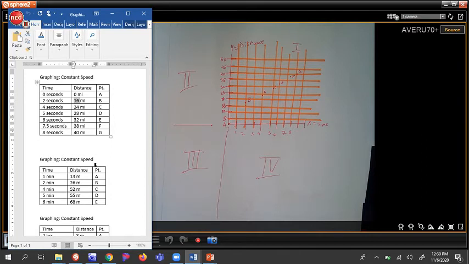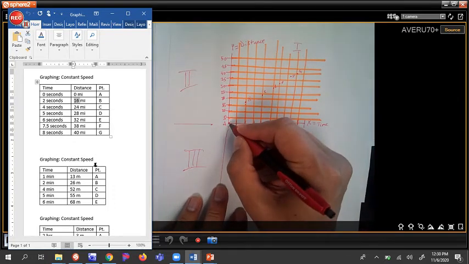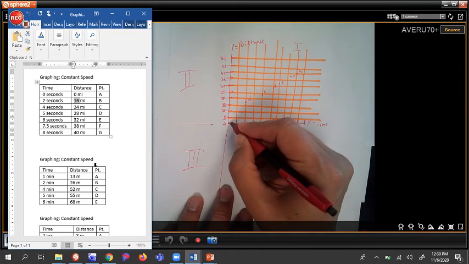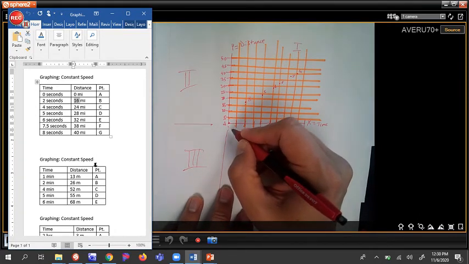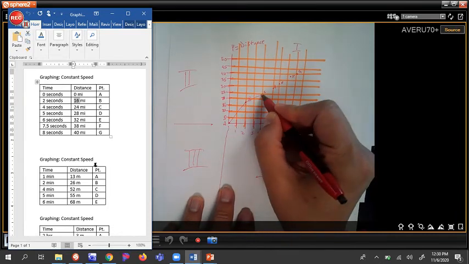That sounds like a bunch of crazy work, but it's kind of easy. But this is really just for graphing. So we've got our instant speed jump. Okay, and then mark our points.